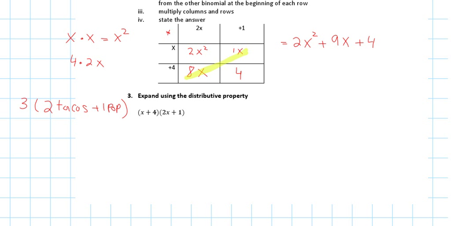You're going to get 6 tacos and 3 pops. And then we said that it's called the distributive property, because you're multiplying the 3 by each term. Do we remember that from the review? It's my famous taco example, I keep it here.